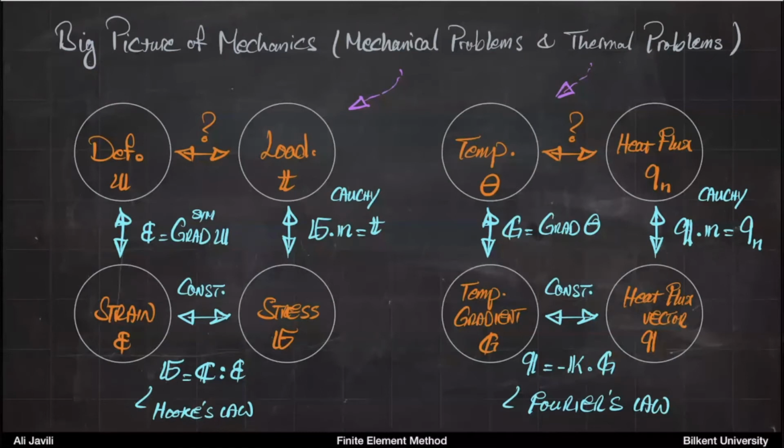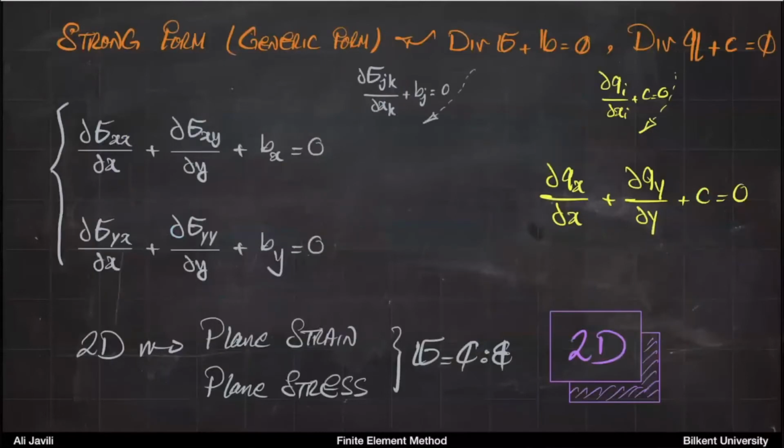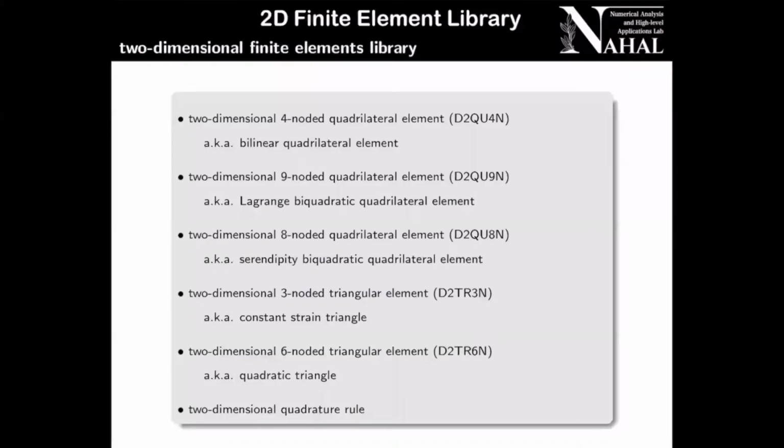And in this case, that would be the divergence operator. So we would have something like this, and this is basically the divergence of the stress plus body forces is 0, for instance. Okay, so this is your operator. And it doesn't matter if it's a mechanical problem, it's the divergence of stress. If it's a thermal problem, it's the divergence of the heat flux.